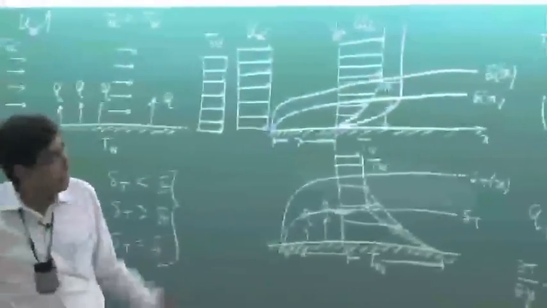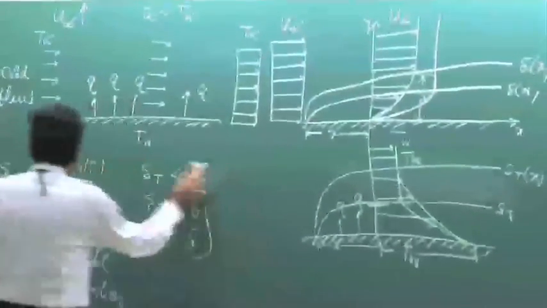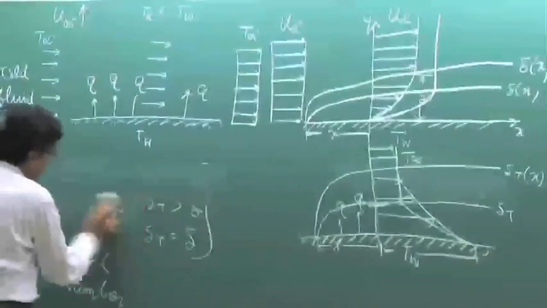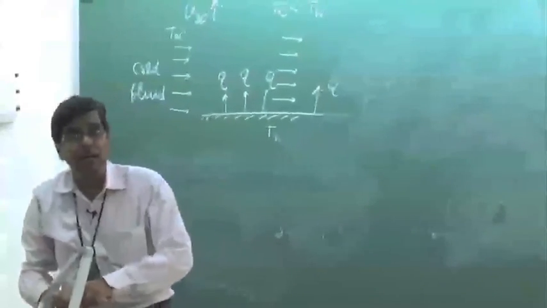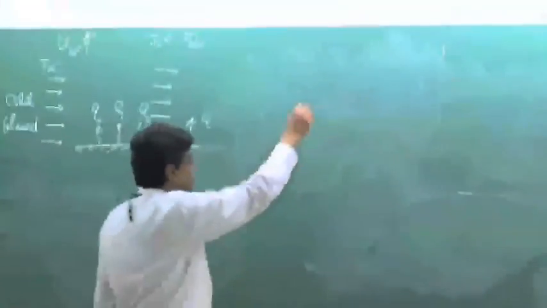Let us now consider a free convection case. Exactly, the entire thing is similar, only this picture will be different. If you consider free convection, there are several situations, but I give you a classical example which I already told earlier.